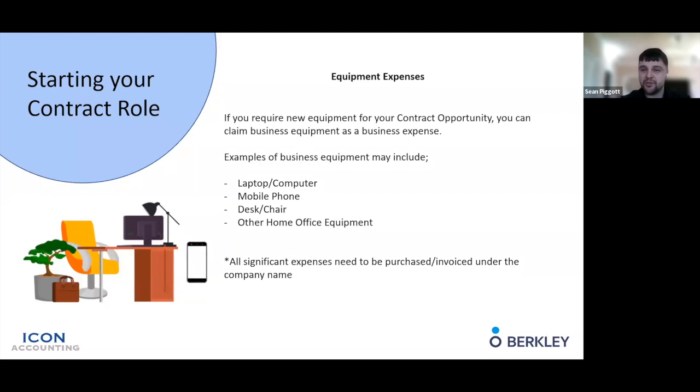Any expense that's considered significant, so over a value of €250, should always be in the company name. Whether that's an umbrella company or your own personal limited company, make sure your receipt or invoice is made out to your company name.